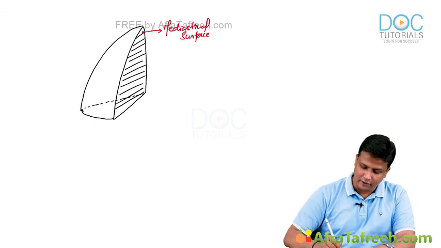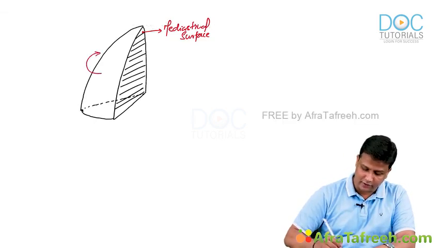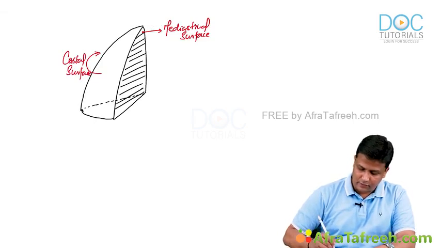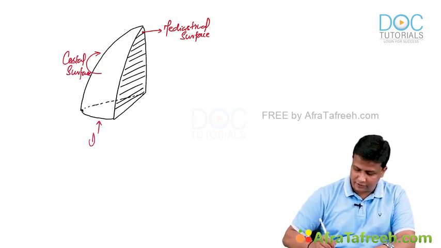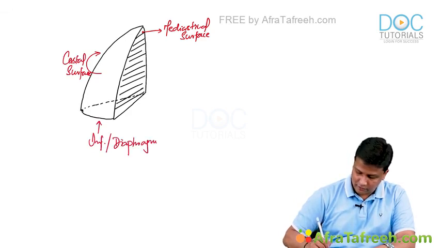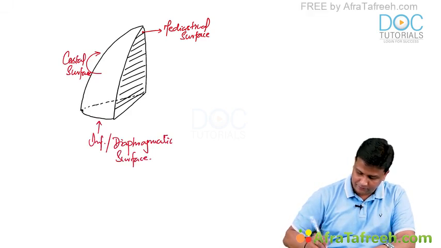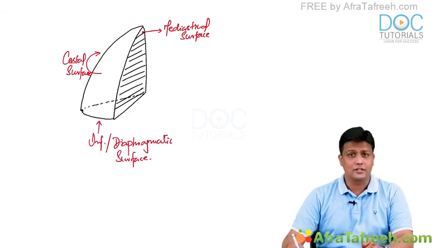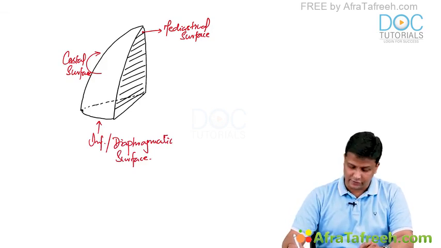And this one here will be the costal surface of the lung towards the ribs. And finally, this one here below will be the inferior surface of the lung, or else we can also call it the diaphragmatic surface. So the mediastinal surface, the costal surface and the inferior or diaphragmatic surface of the lung, guys.